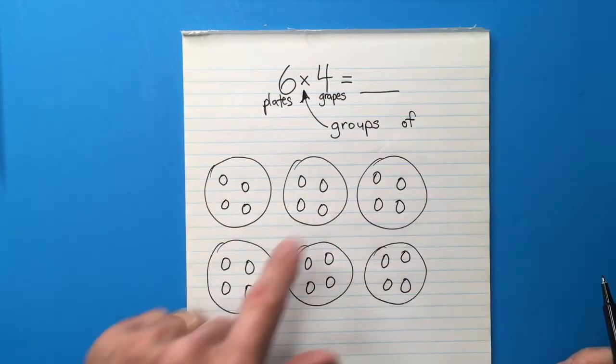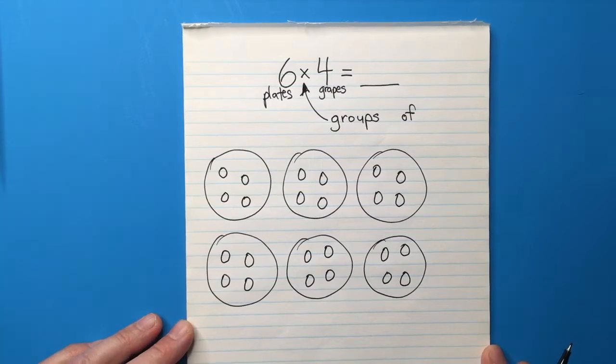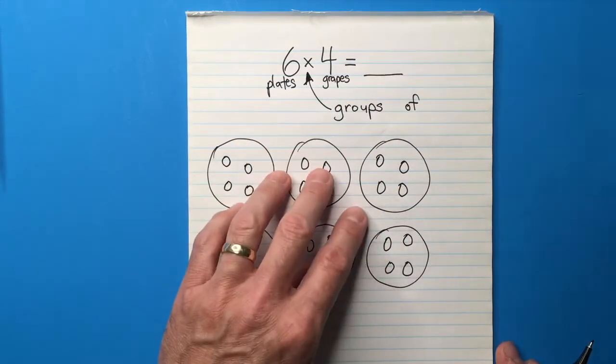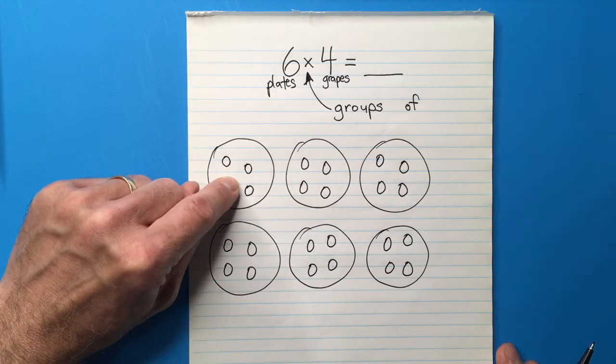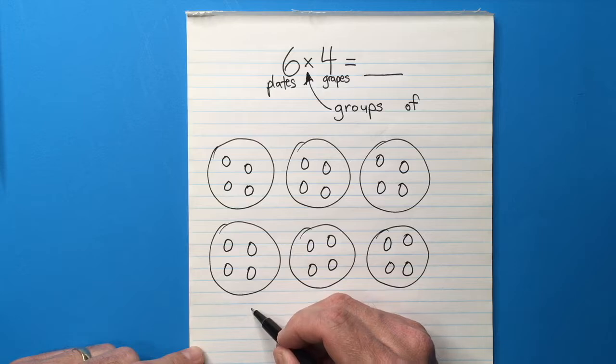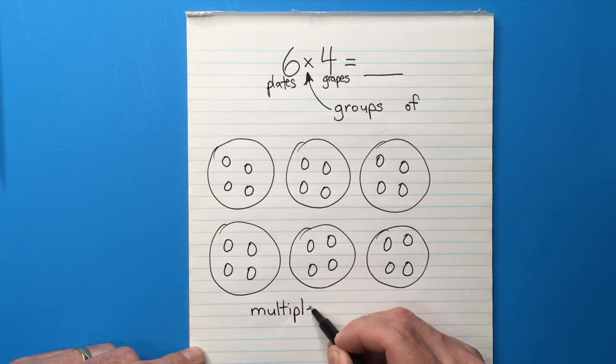So now we've got 6 plates, each with 4 grapes. So how do we figure this out? So this is multiplication because we've got multiples of 4. So that's another way that you can say it. Multiplication, the word multiplication, there's another word inside of that, and it's multiples.